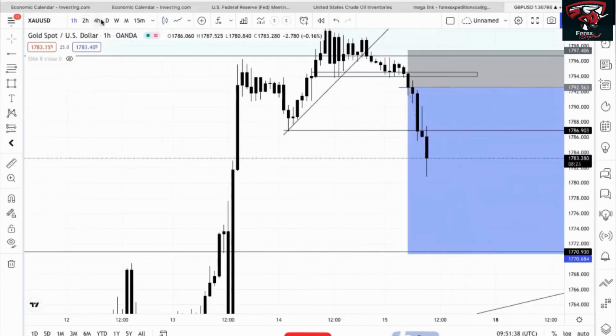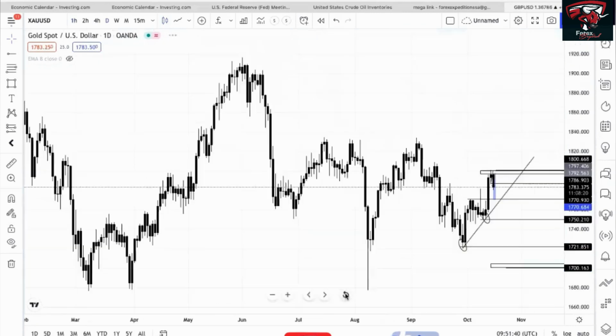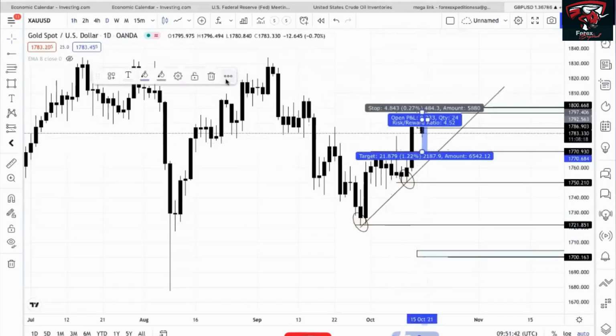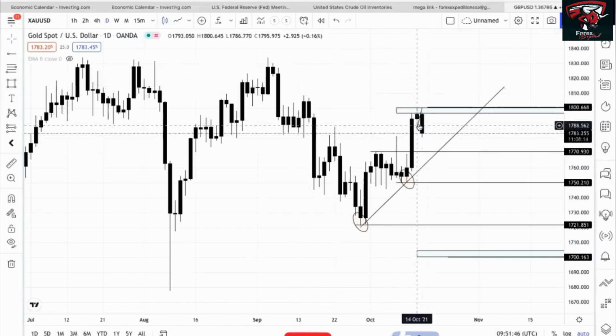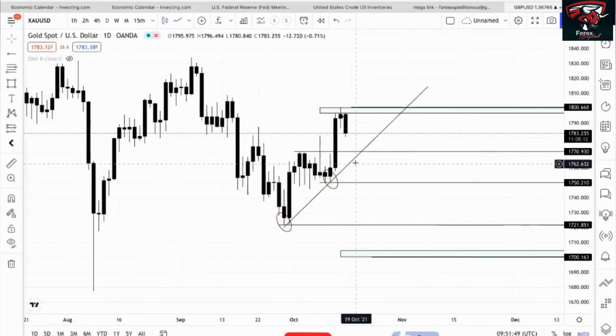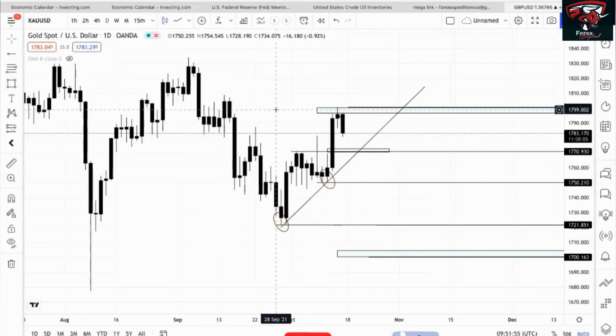When price bounces off 1,750, we'd look to see what price does. If price gets to this point, in the smaller time frame, and forms a bullish engulfing, we're buying the price back to this key level.